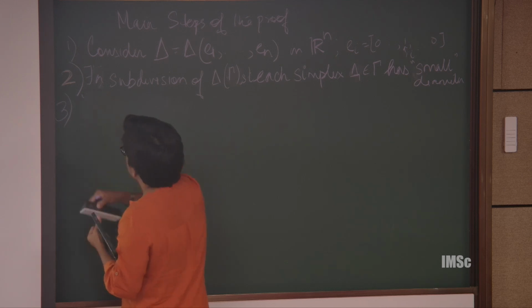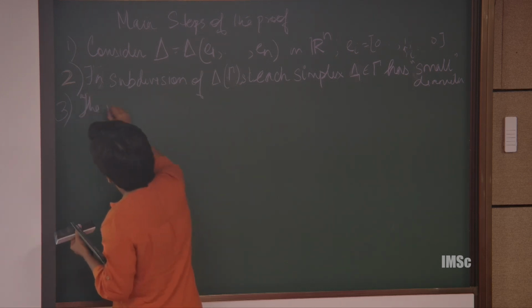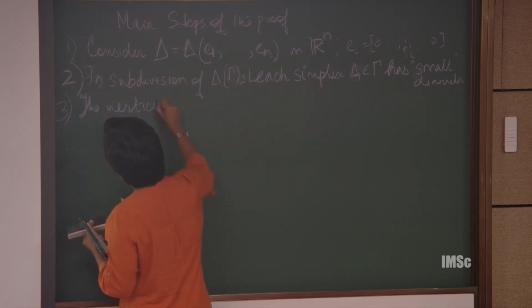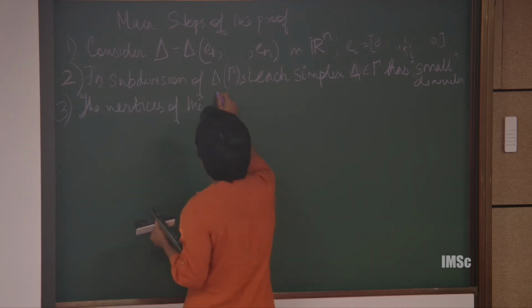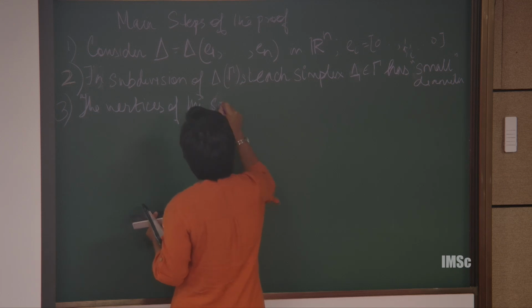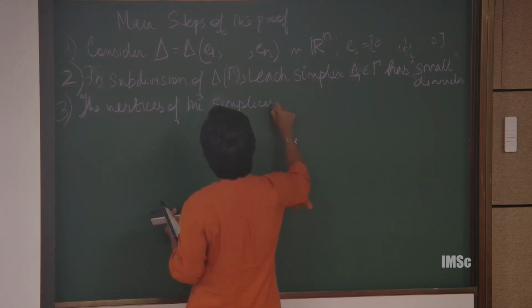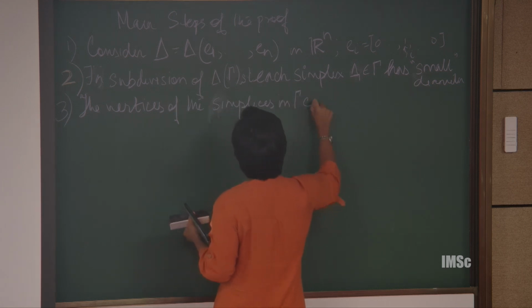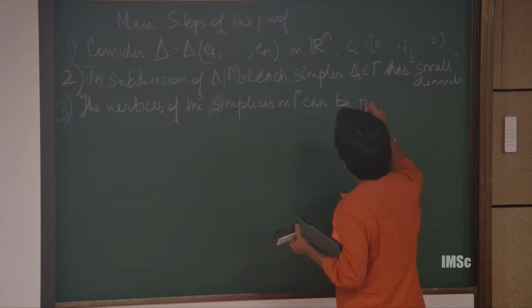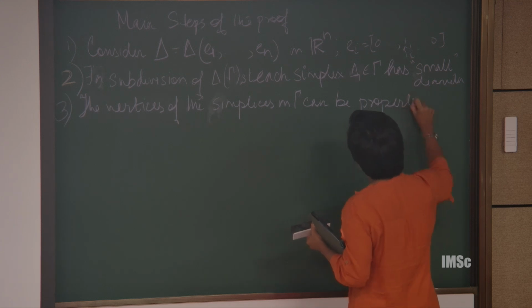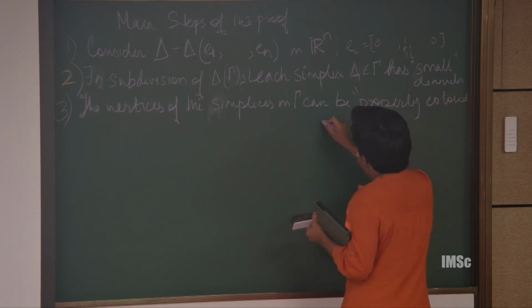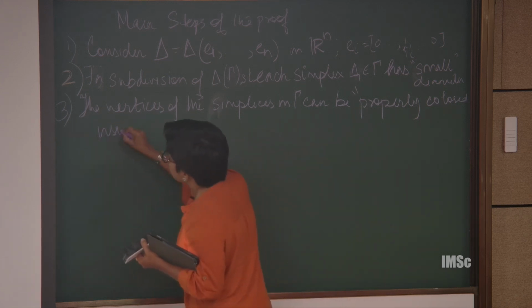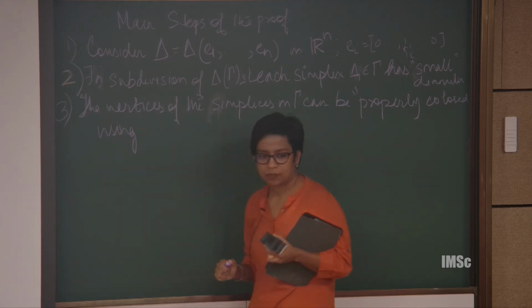Let us call it the vertices of the subdivision in gamma can be properly colored using, how many colors do you think we need?